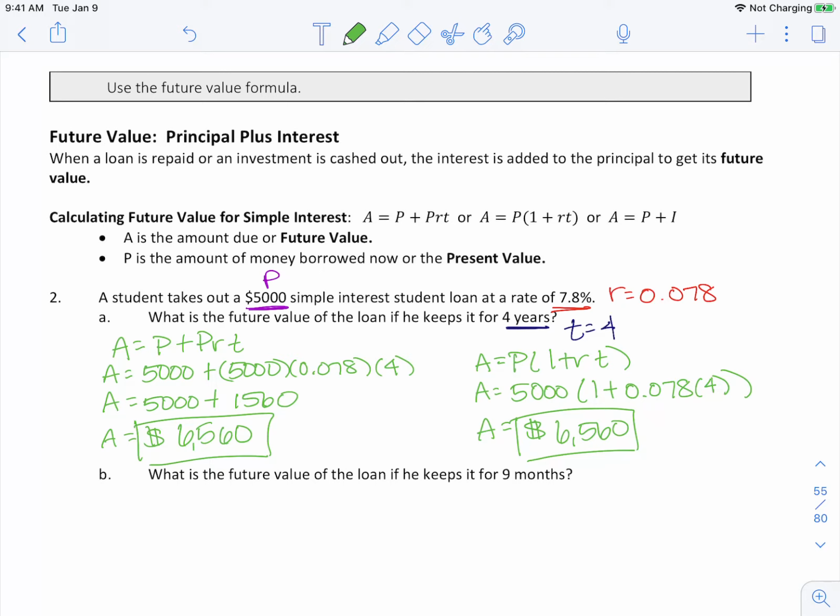So now it says for B, what is the future value of the loan if he keeps it for 9 months? So again, this is now a partial year. So for time, we're going to use 9 over 12 because it's 9 of the 12 months, or 9/12 of a year. Go ahead and find this one, please.